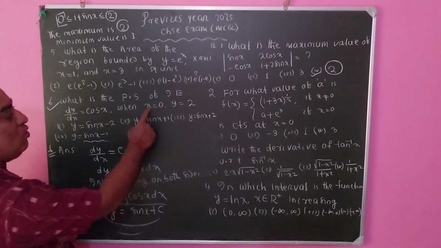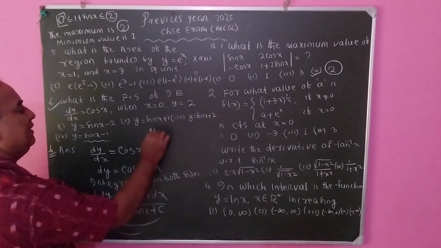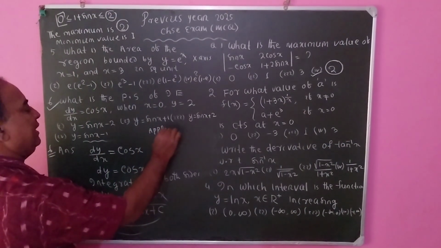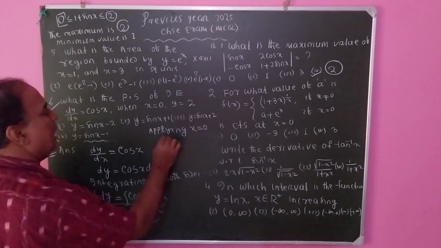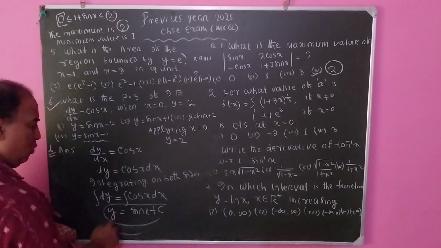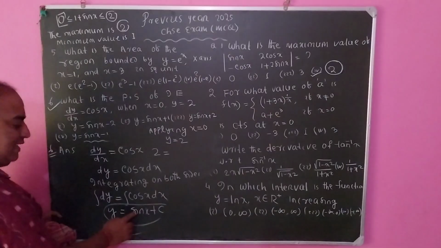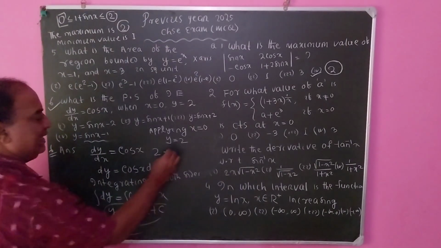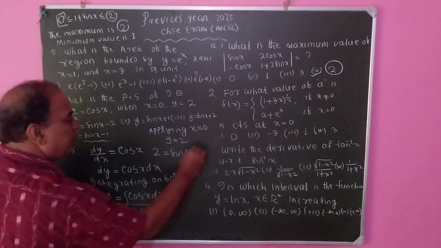Given x is equal to 0, y is equal to 2. Applying x is equal to 0 and y is equal to 2 here, in place of y we put 2, and in place of x it is sin 0 plus c.